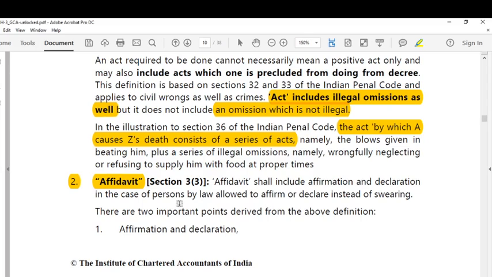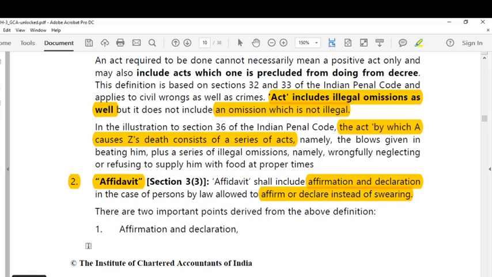Affidavit shall include affirmation and declaration, in the case of a person by law allowed to affirm or declare instead of swearing. So it is this kind of affirmation and declaration to the courts by a person as a witness that will be accepted if it is in the form of an affidavit.